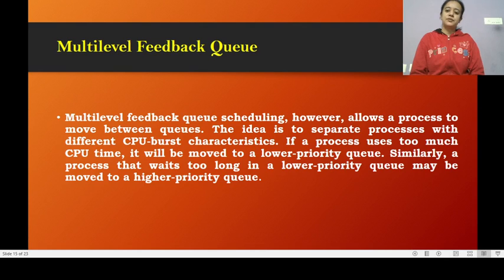If a process uses too much CPU time, it will be moved to a lower priority queue. Similarly, a process that waits too long in a lower priority queue may be moved to a higher priority queue. Here a process moves between the queues, from lower priority to higher priority and from higher priority to lower priority.